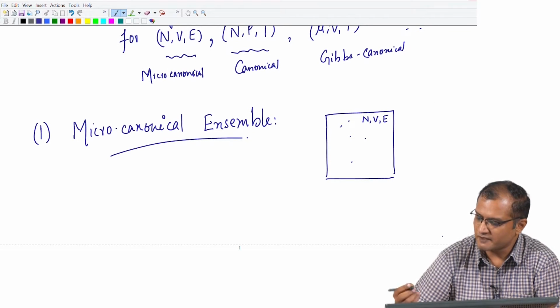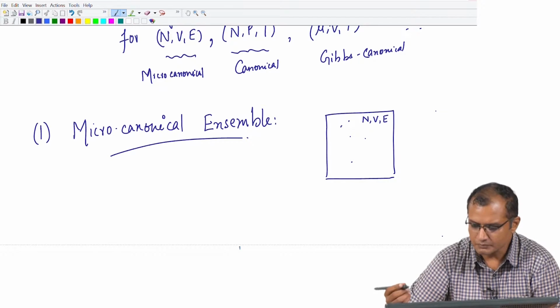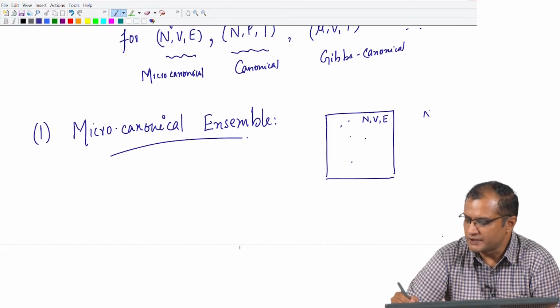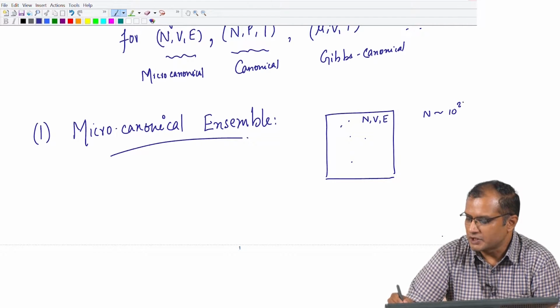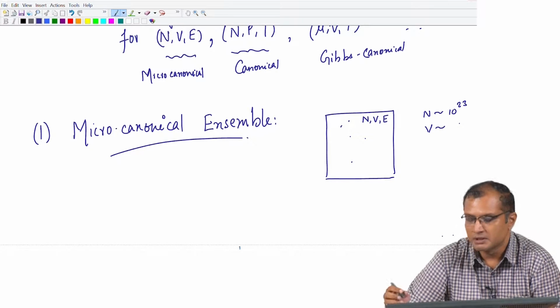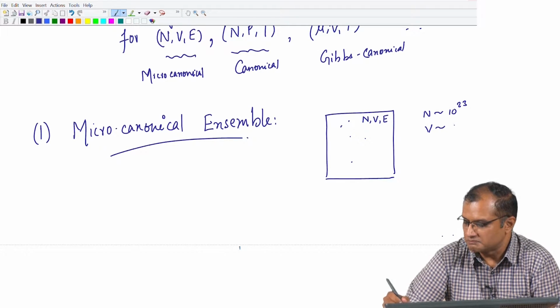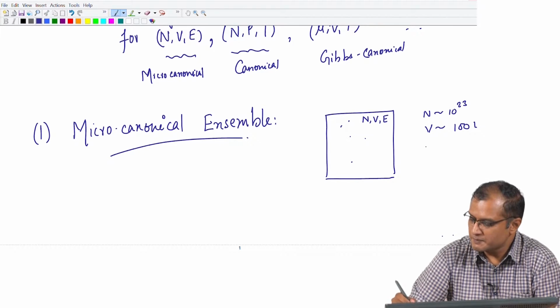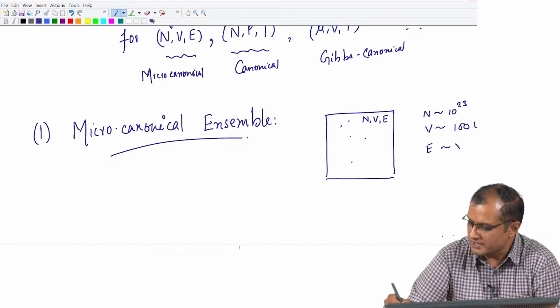You can specify the number of particles to be of the order of 10 to the power 23, the volume to be maybe some 100 liters, and the energy to be some x joules.